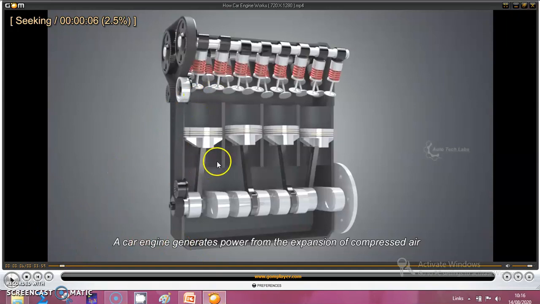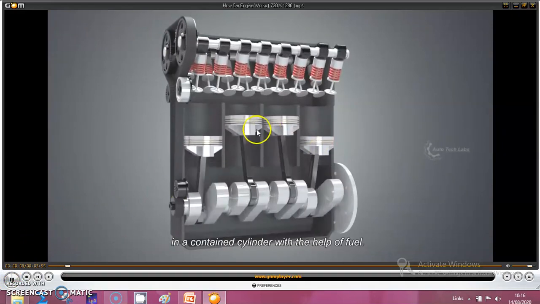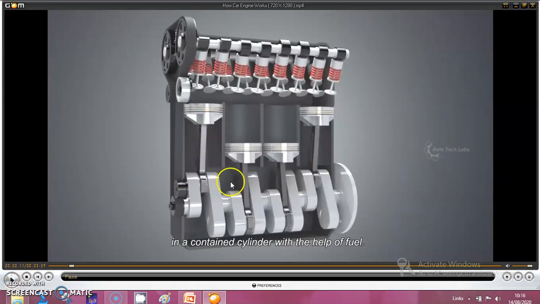This is a multi-cylinder, that is, a 4-cylinder engine. This is the working. We have a number of components here. In this, the engine generates power from the expansion of compressed air and fuel inside the cylinder, and this power is generated.